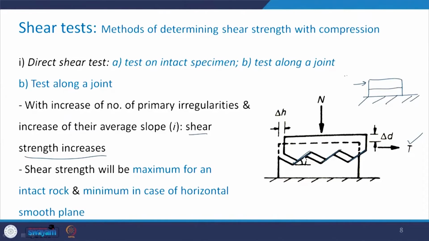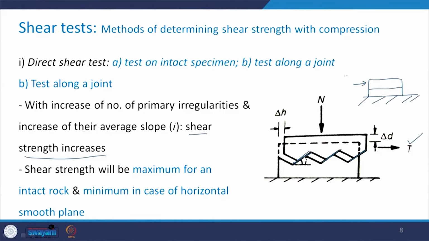Now, you see, when we have the intact rock, then this shear strength is going to be maximum, obviously, because there is no joint surface, and for the specimen to shear, one needs to apply a very large value of this T in case of the intact rock. Therefore, the shear strength will be maximum in case of the intact rock. However, when you have the horizontal smooth plane, it will look like the first case as we discussed.